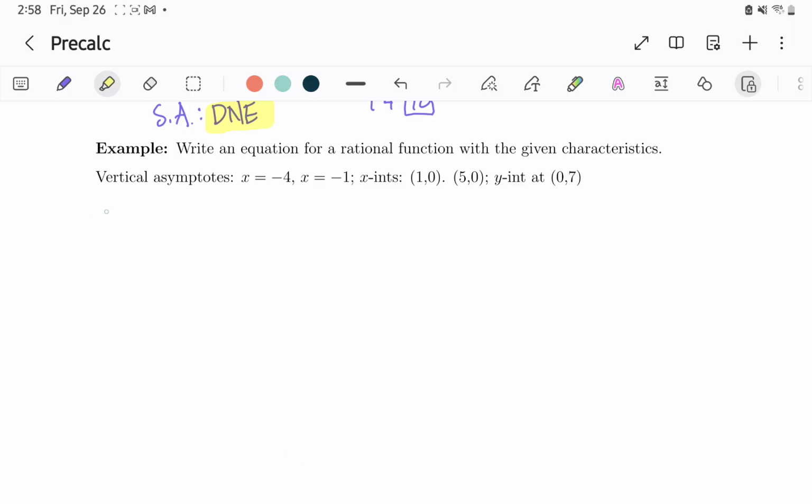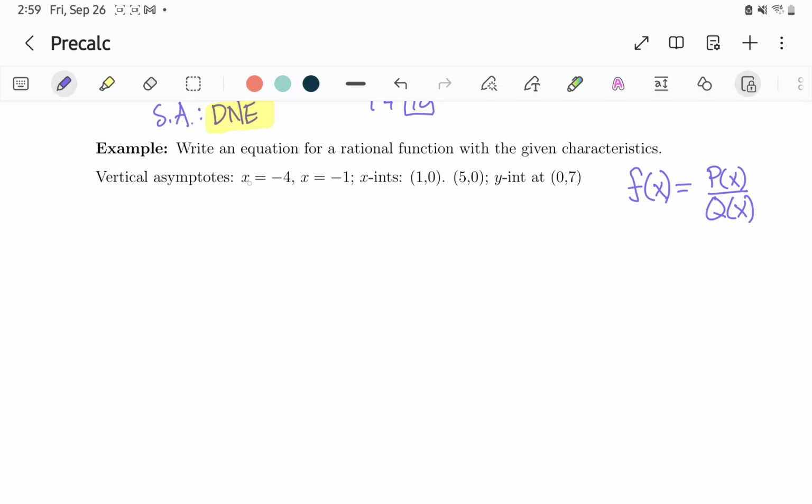So if we start out by letting f of x be equal to p of x over q of x, I might write that over here actually.